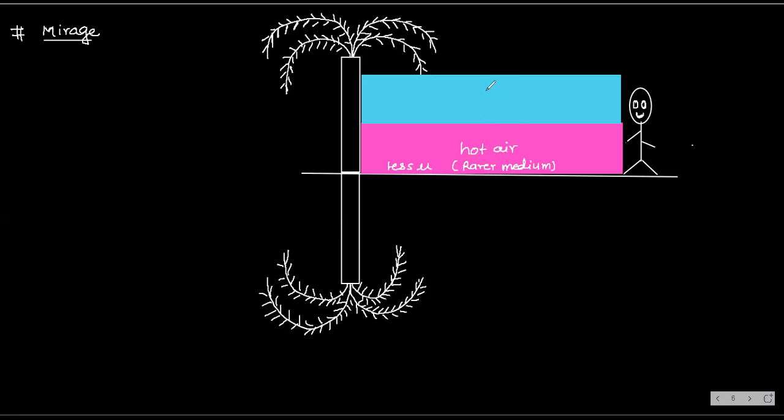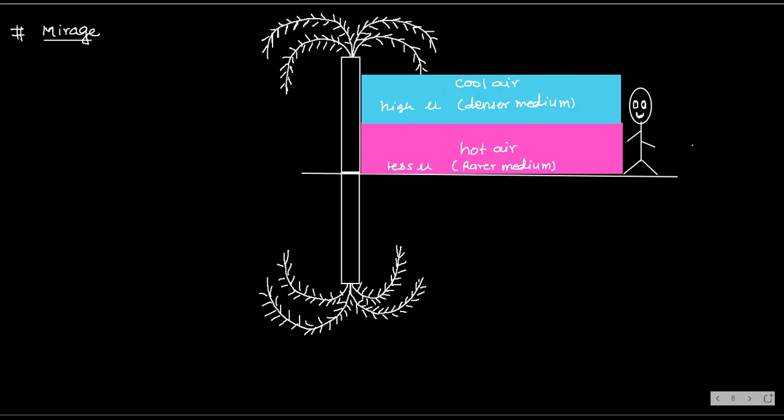Now as you go up and up, it will be cool air. Cool air has a little bit higher refractive index, high mu, and that's why it will behave as a denser medium.